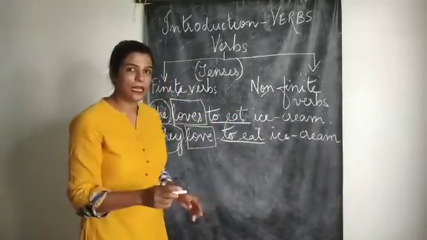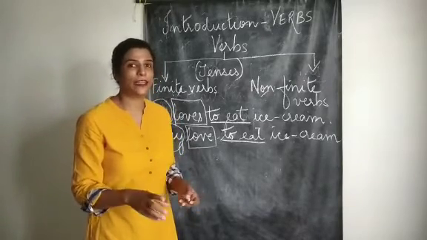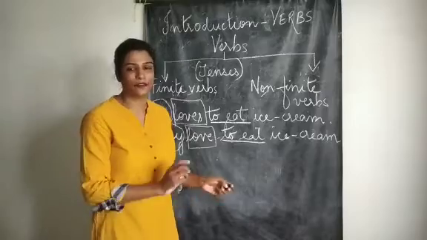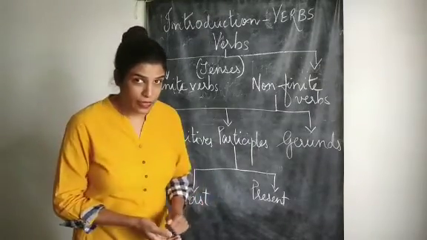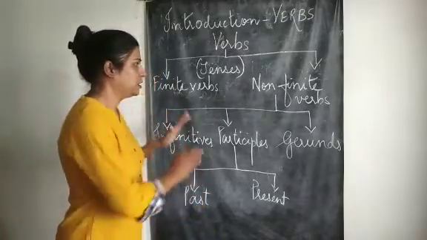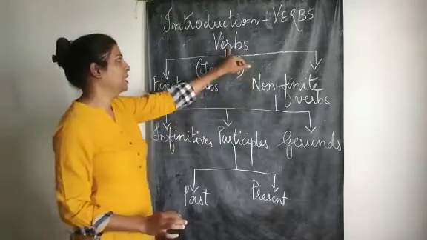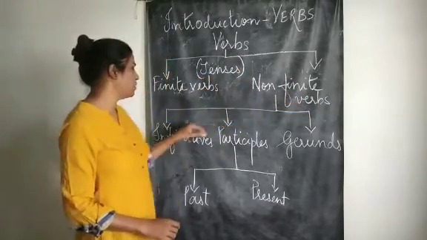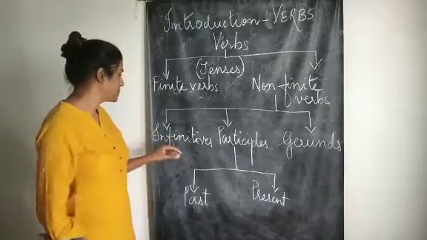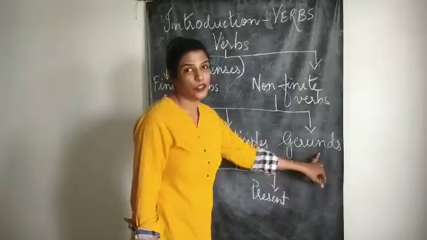Now, let's discuss how many kinds of non-finite verbs there are. So this is the complete flow chart of the verbs. I categorize them into finite and non-finite first. Then under non-finite you have infinitives, participles, and gerunds.